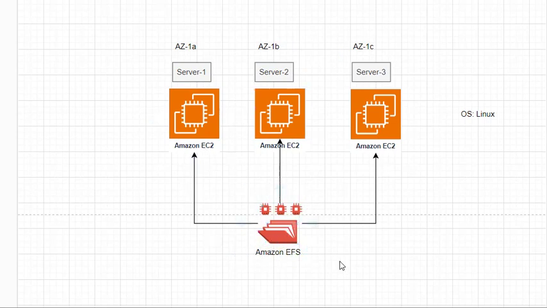After mounting, we verified that the content uploaded from server one is visible in server two, and we also created the mount target in another availability zone. I have also shown you how to create a mount target in other availability zones of a region while creating your file system. Then after connecting to it, I have shown you the content which is present in this file system by mounting this file system to this server.